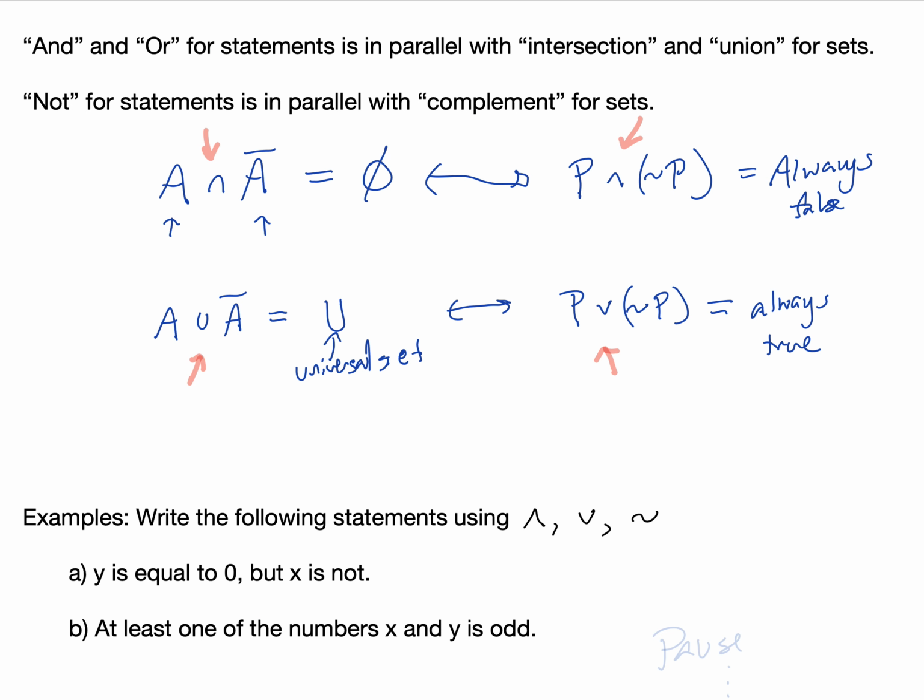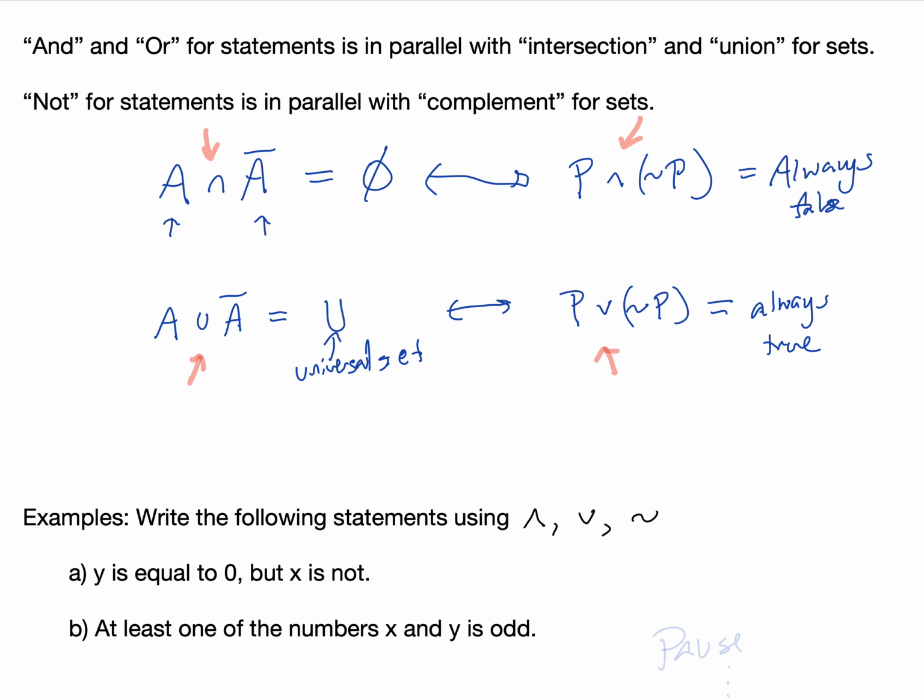So as a last piece here in this video, I'd like you to write the following statements using these new symbols and, or, and not, whichever ones happen to be appropriate for these particular situations. And I want you to think about not just the words that are given, but what these statements mean logically.